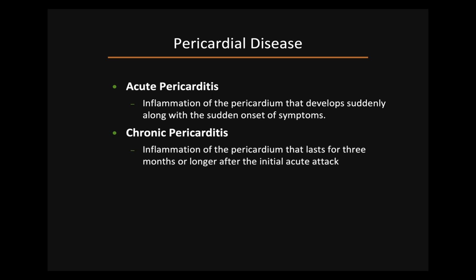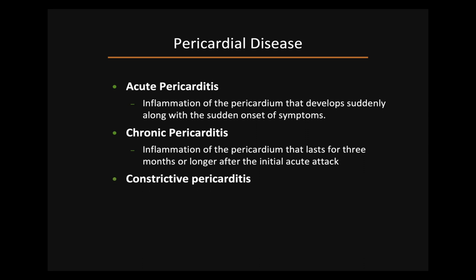Chronic pericarditis is also inflammation of that pericardial sac that lasts for about 3 months or longer after the initial acute attack. So you get acute pericarditis, but it just keeps lingering and goes into chronic pericarditis.